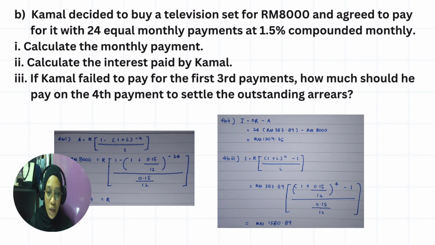To settle the payment, we can use the formula S equals R bracket 1 plus I power N minus 1 over I. Then just fill in the information with S equals 387 ringgit and 89 cents bracket 1 plus 0.15 over 12 power 4 minus 1 over 0.15 over 12.